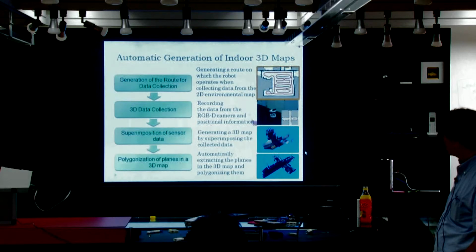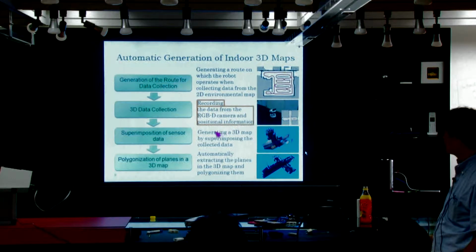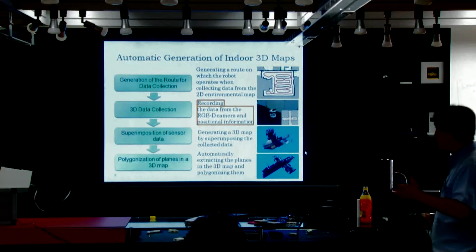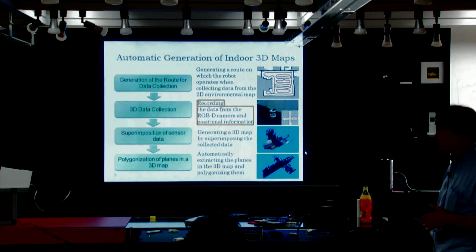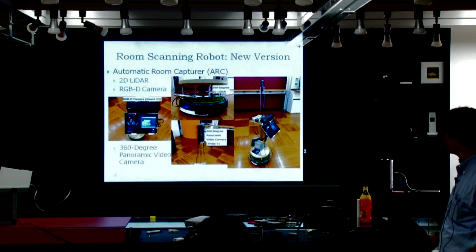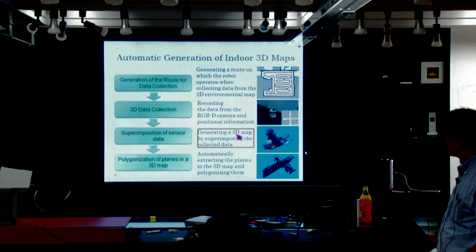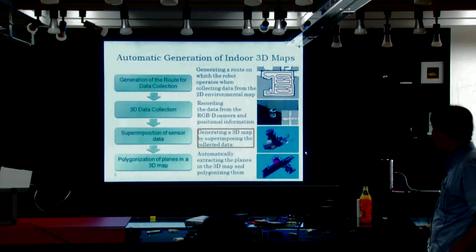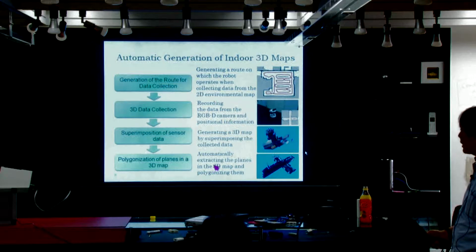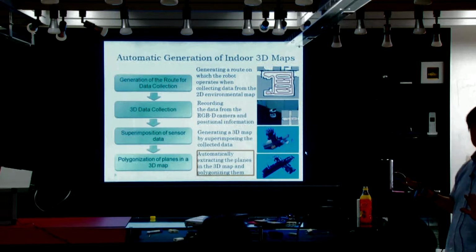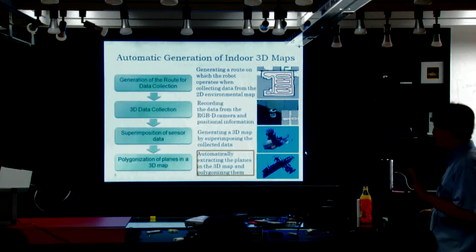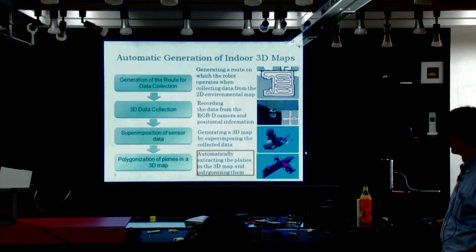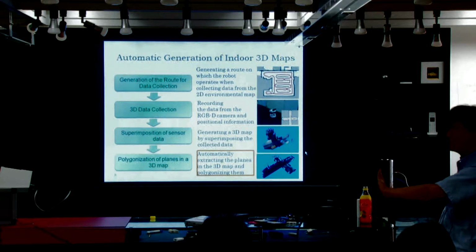And then, running through the inside of the building and accumulating the three-dimensional data by using an RGBD camera, then superimposing the collected data, then create the three-dimensional map. After that, polygonize, create the polygons based on the 3D point clouds. Then generate a 3D map with polygonized surfaces.